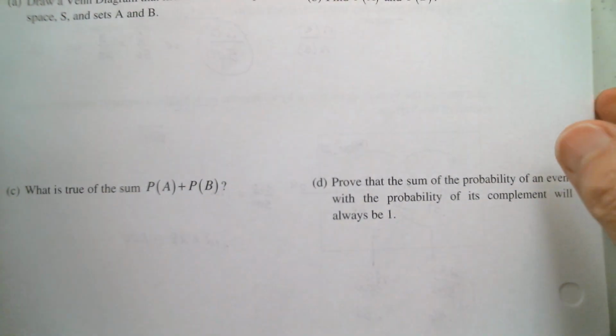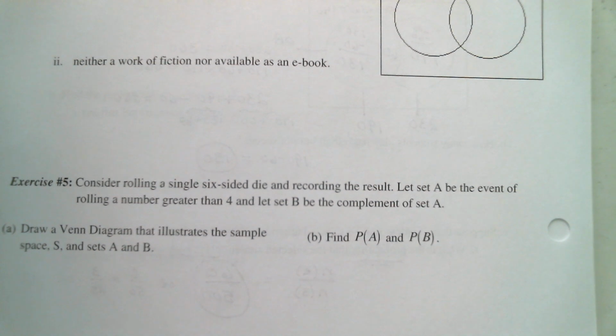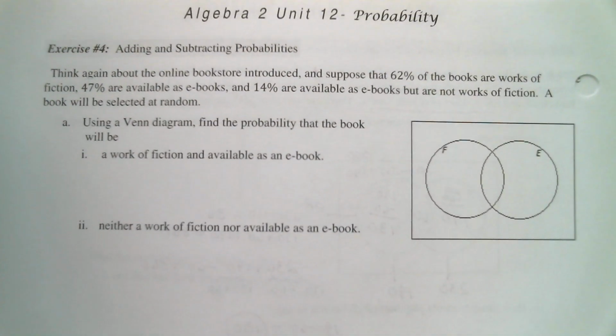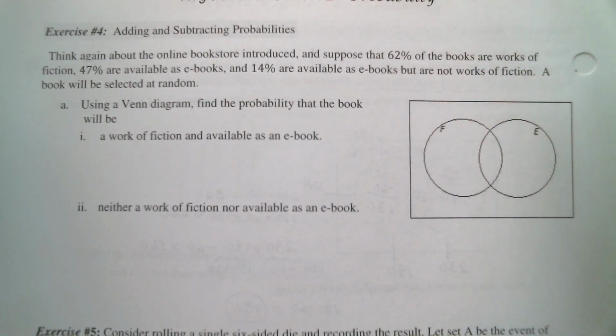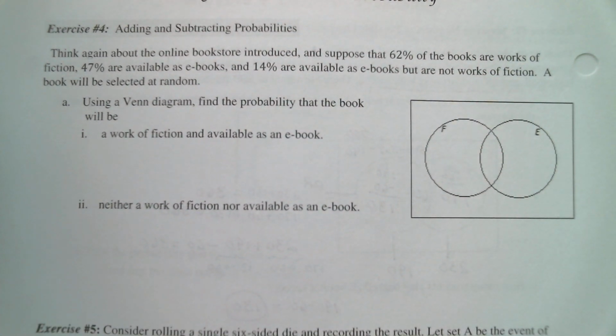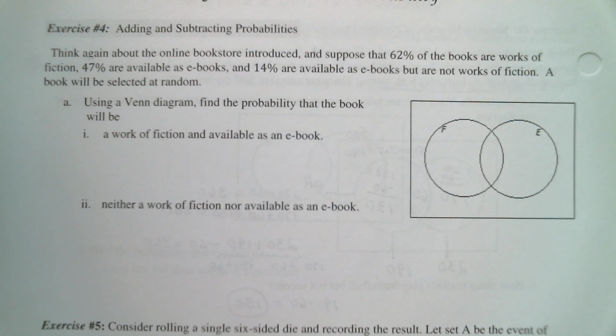All right, on the back page, 401. Adding and subtracting probability. So think again about the online bookstore introduced, and suppose that 62% of the books are works of fiction.